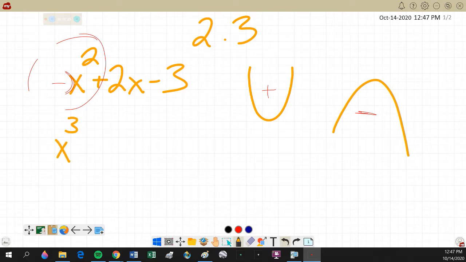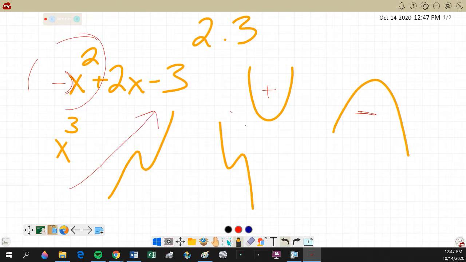What does it look like? It's the disco dance. I don't dance well. I don't dance at all. Okay? So an x to the third either looks like this or it looks like that. Okay? And we say that this is positive and this is negative.